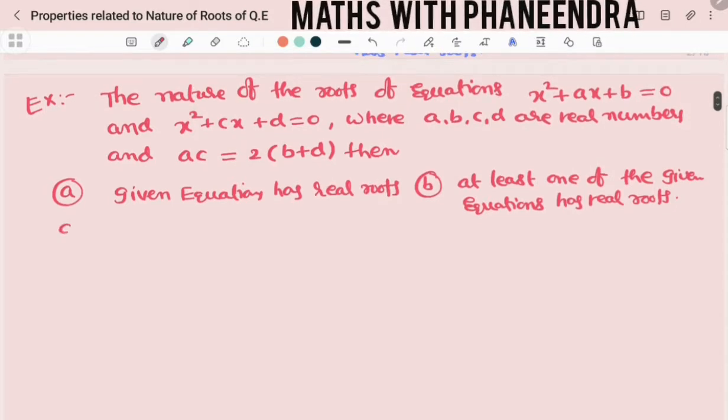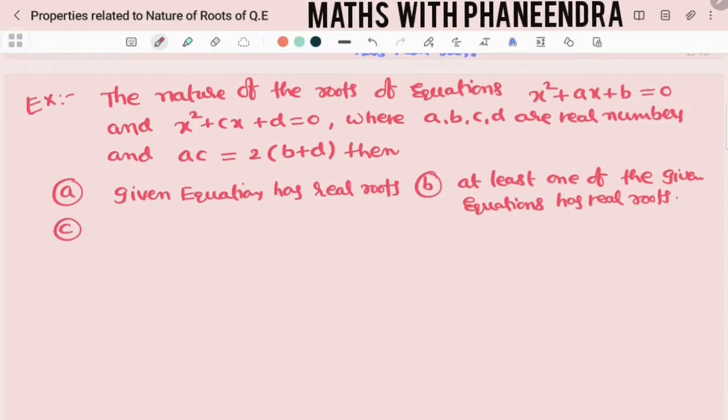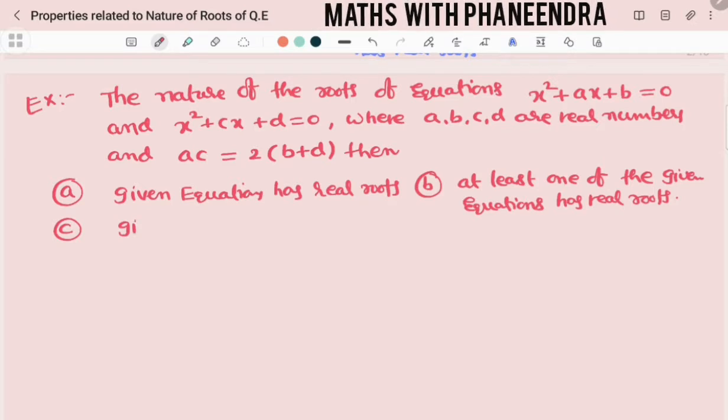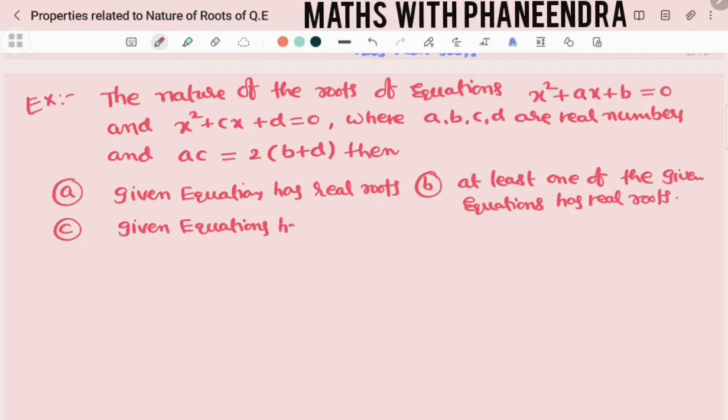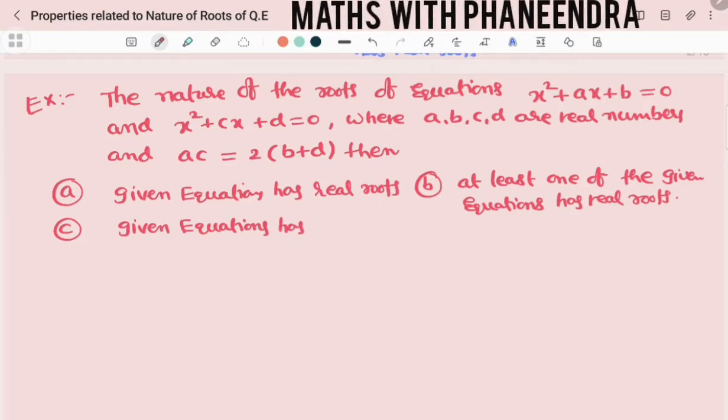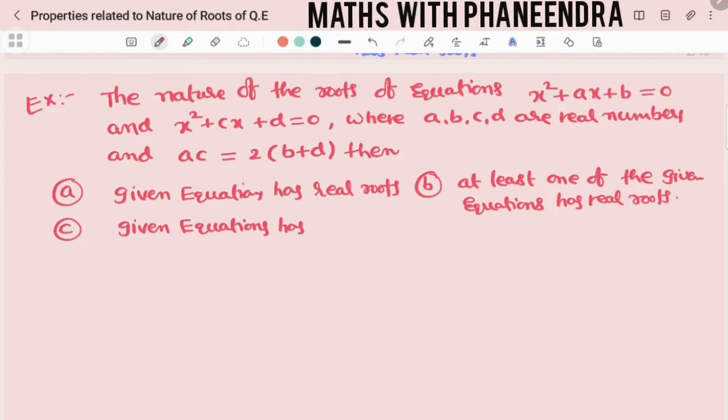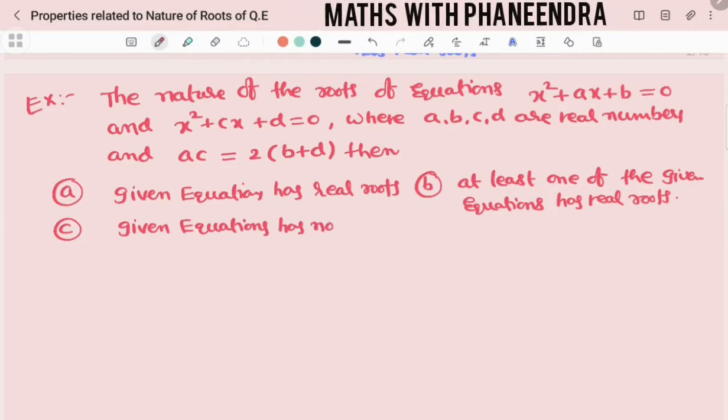Third one, the given equations have no real roots.